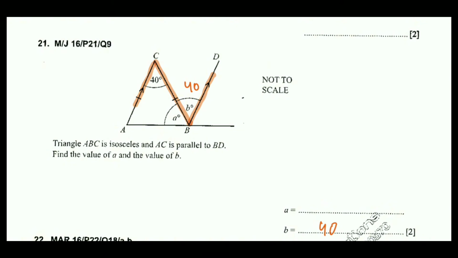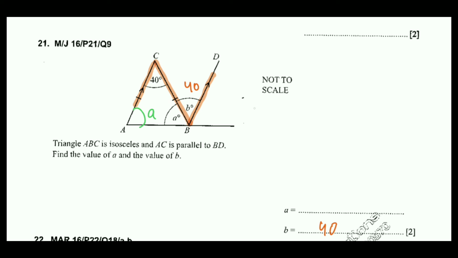How to find A? By using isosceles triangle, we can see this is an isosceles triangle. ABC is an isosceles triangle. So what we will do, if C is 40 and B is A, so this will also be A because base angles of an isosceles triangle will be equal.